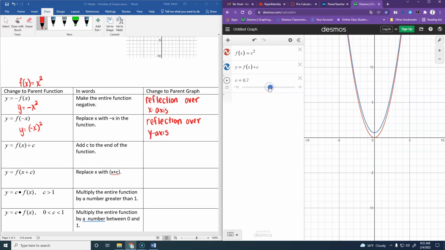So it's going to go up or down in whatever direction your number is. If your number is positive, then it'll go up. If your number is negative, then the graph will go down. And that would look like this. We would just have y equals x squared, and we might have a plus 3 on the end.